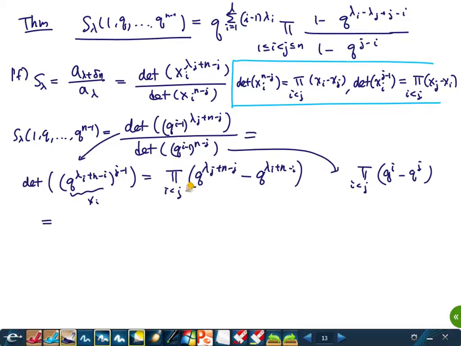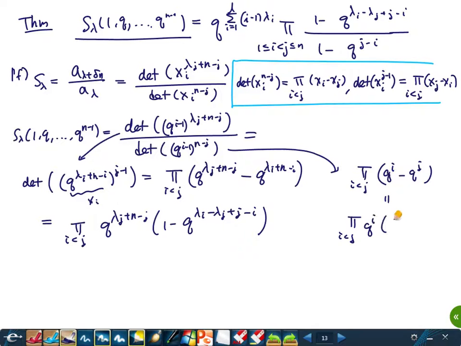So let's factor this outside. Then, i less than j, q to the lambda j plus n minus j, times 1 minus q to the, we factor this out, so lambda i minus lambda j plus j minus i. You see that this vector appears now. And what about this? We factor i out, j minus i. Now if you divide this by this, then by doing some computation, you get this.